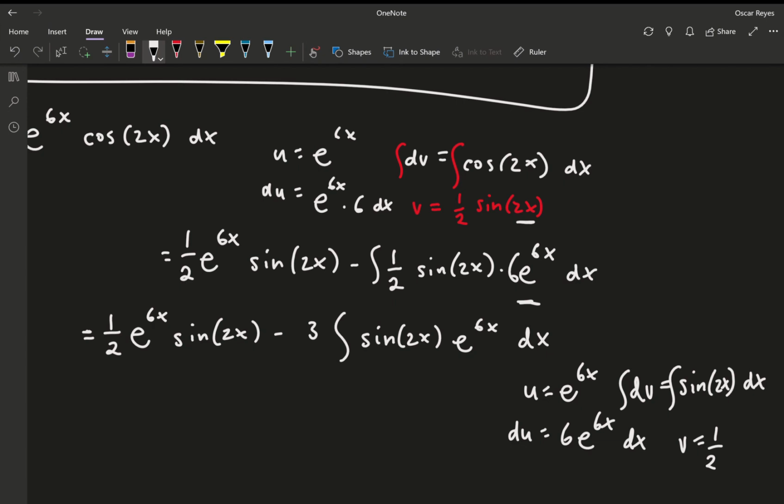So we're going to have negative 1/2 of cosine of 2x.